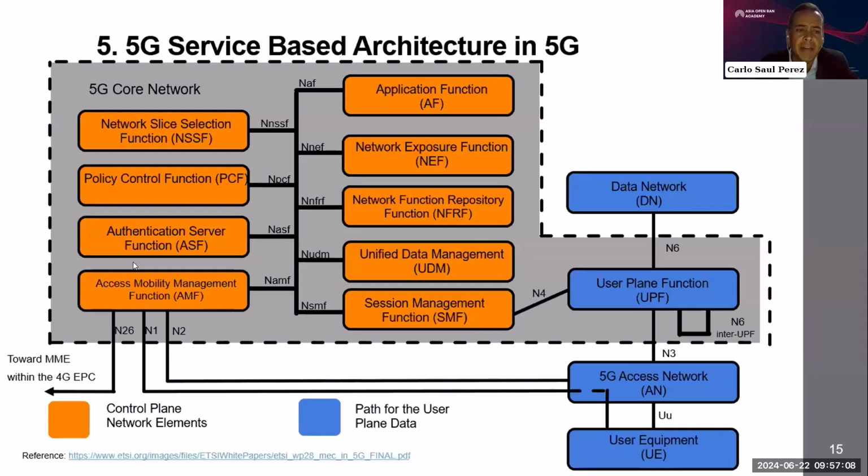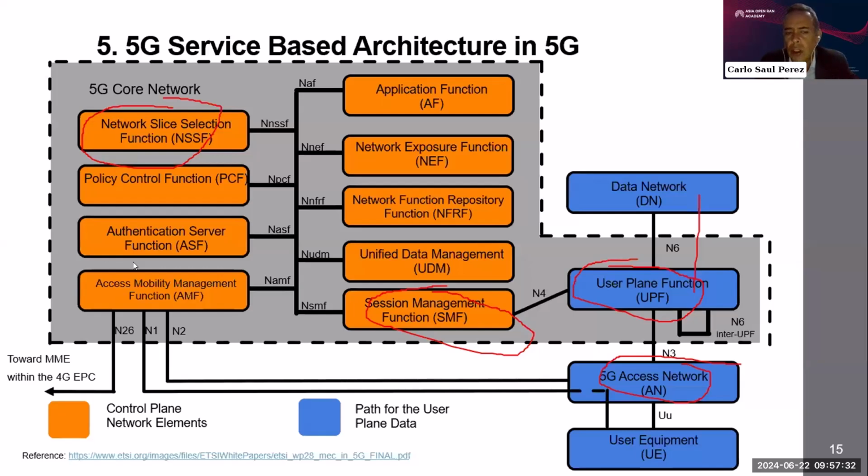We can see different functions here, going from the network slice selection. One particular function we have here is the user plane function, which is necessary to connect our BTS in 5G to the data network. And we need the session management function to establish or maintain the connection for this end user.